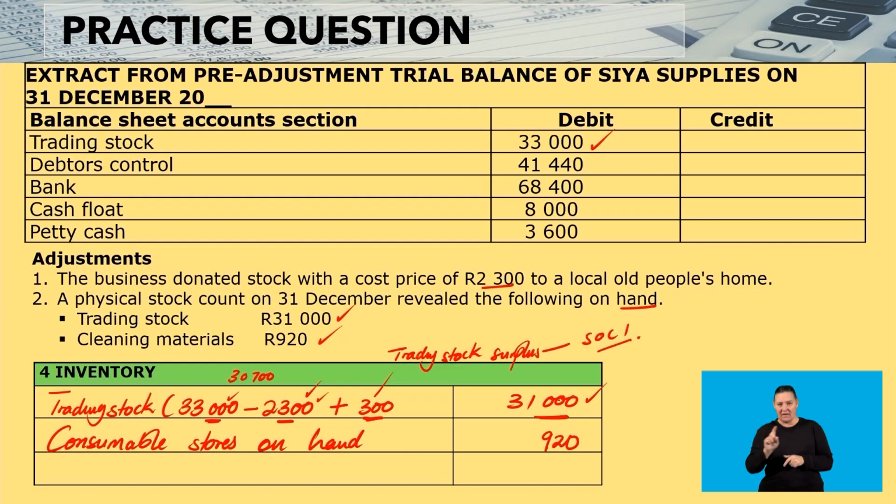The first one is the 31,000, which leads me to trading stock surplus, and the consumable stores on hand, whatever is on hand, I bring it here. Then I'll add my 31,000 plus the 920, and I end up with 31,920.